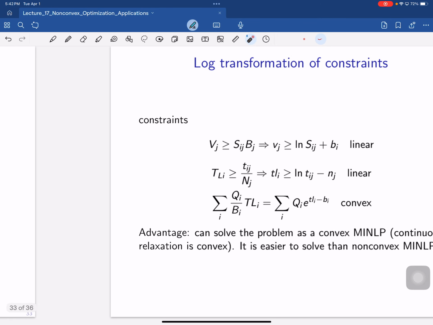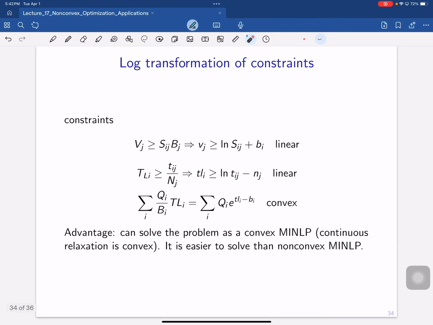And a similar trick can be done for the constraints. You have this constraint vj greater than or equal to ij times bj. Since both the left-hand side and the right-hand side are greater than or equal to 0, if you take the log on both sides, these constraints still hold, right? Because log is a monotone function, right?